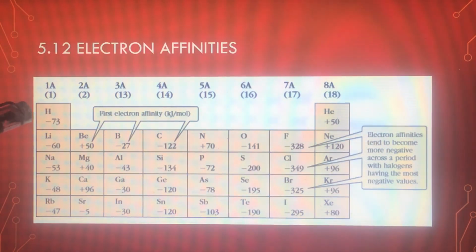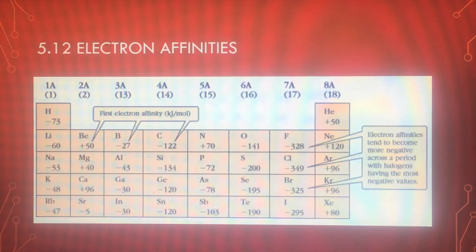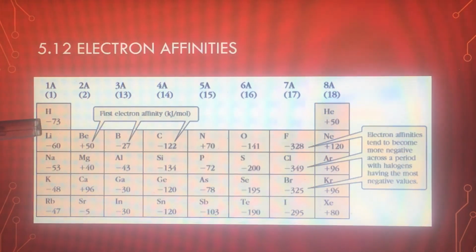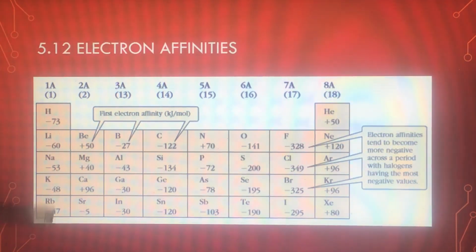Less negative means that the added electrons are more likely to be repelled, so the electron affinities become larger in value. Negative 73 is smaller than negative 47.